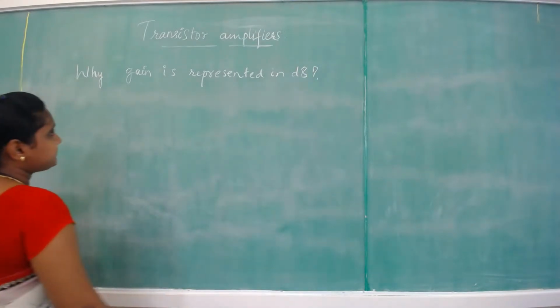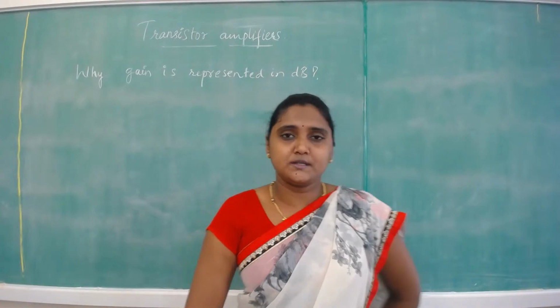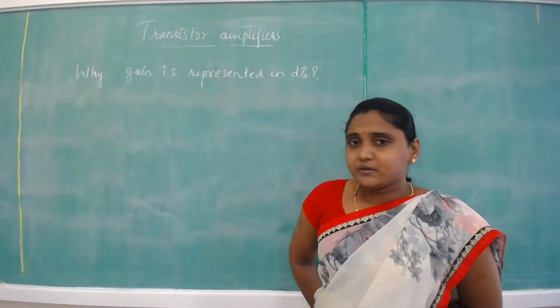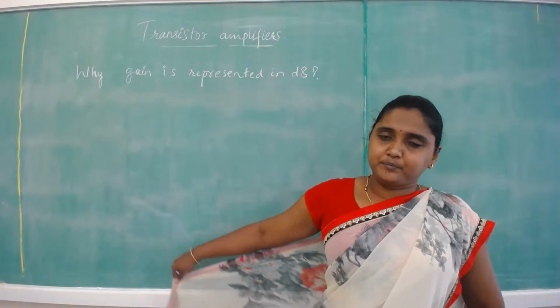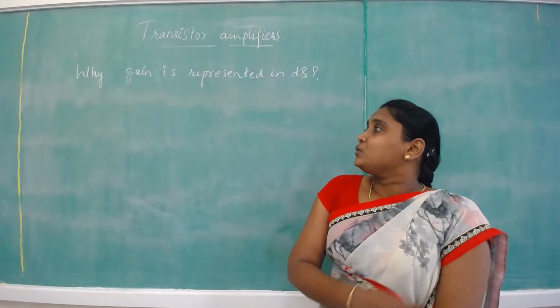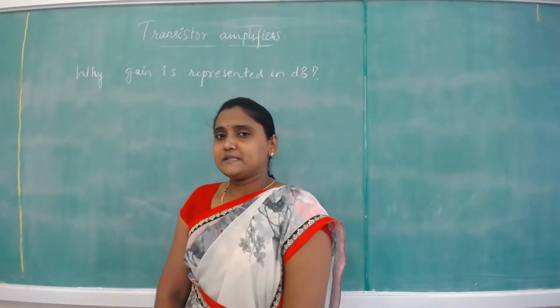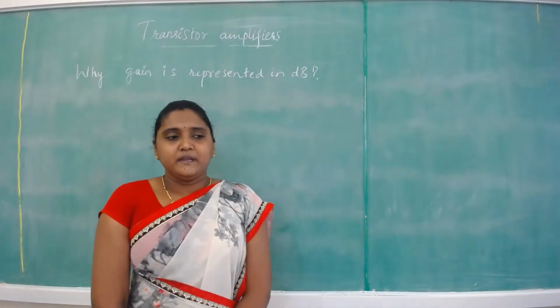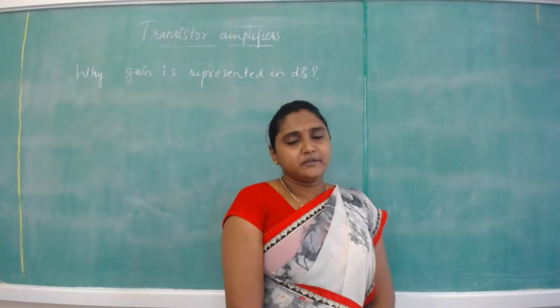In dB. Okay. So this is also a very often used question in your final exams. Why represent the gain in terms of dB. So here basically there are three major points to use the unit dB for gain. dB is a logarithmic unit, right?